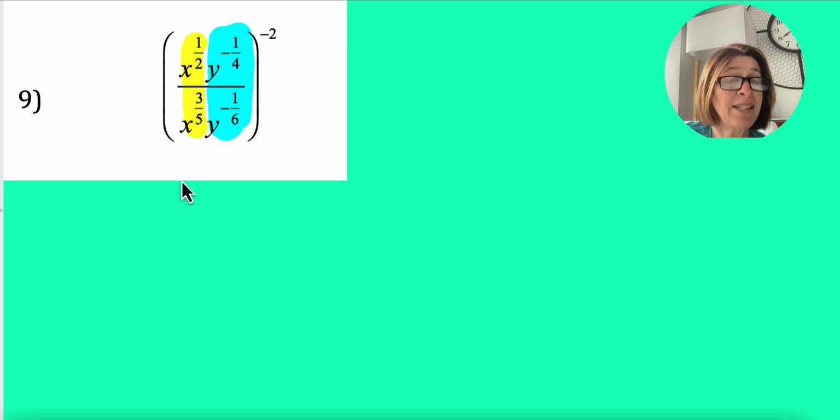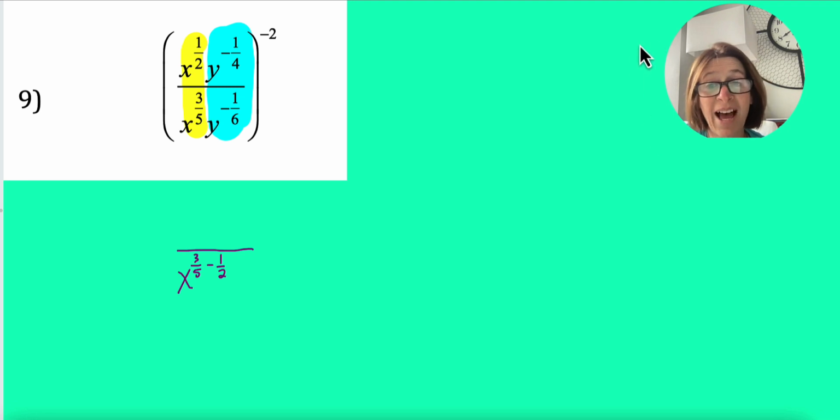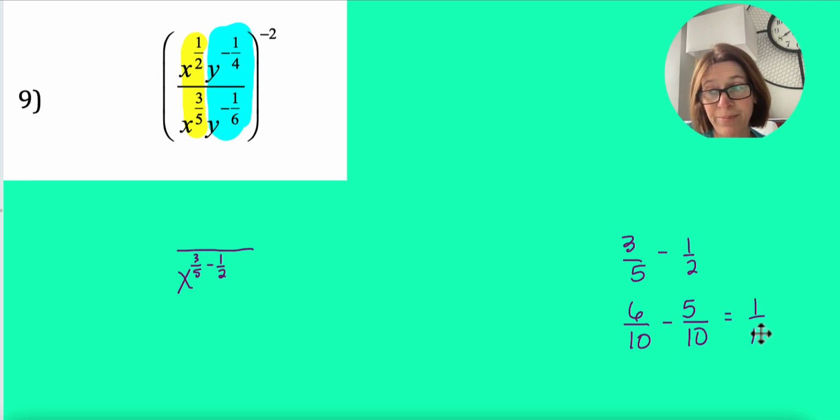So 3/5 is bigger than 1/2, so I brought that down, and that would have been x to the 3/5 minus 1/2. Now, I did go over to the side and do 3/5 minus 1/2. My common denominator would be 10. And so this would be 6/10 and 5/10, which would be 1/10.